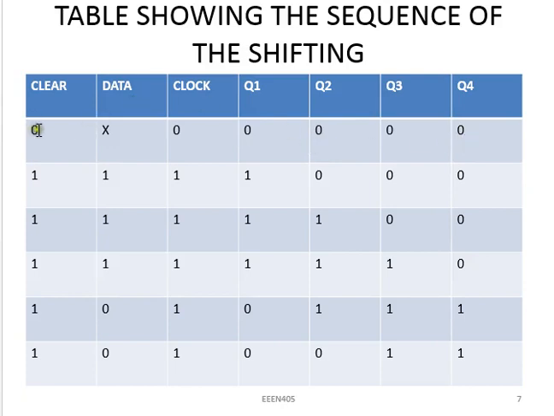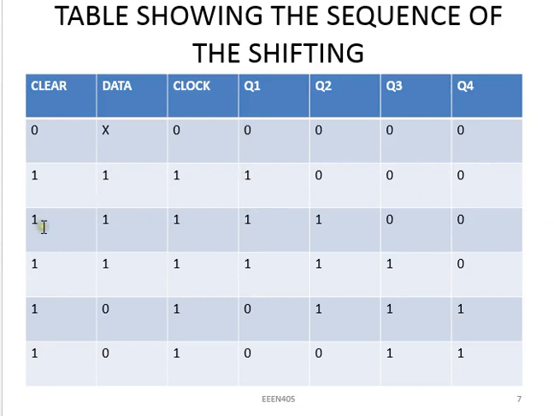And at that point, the moment the clear is 0, regardless of what your data is, this should be 0, 0. But when the clear is equal to 1 and your clock is equal to 1, it means your register is now ready to start accepting your data, and this is our corresponding data. It means this one will go and occupy the place of this Q1 as you have seen here, while the last bit should go out.